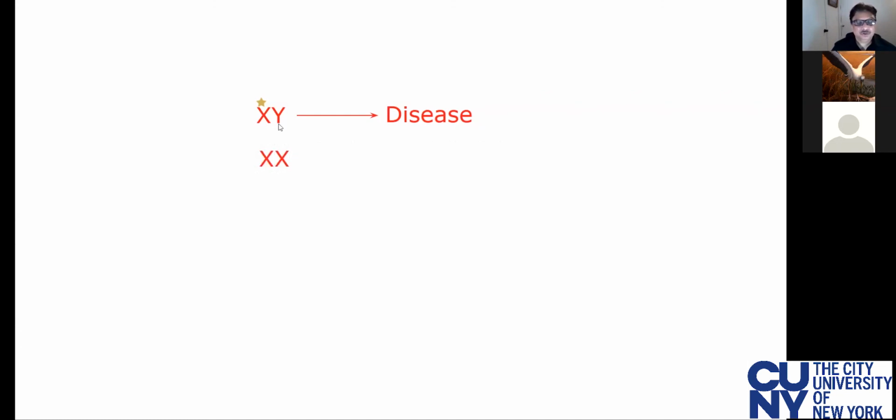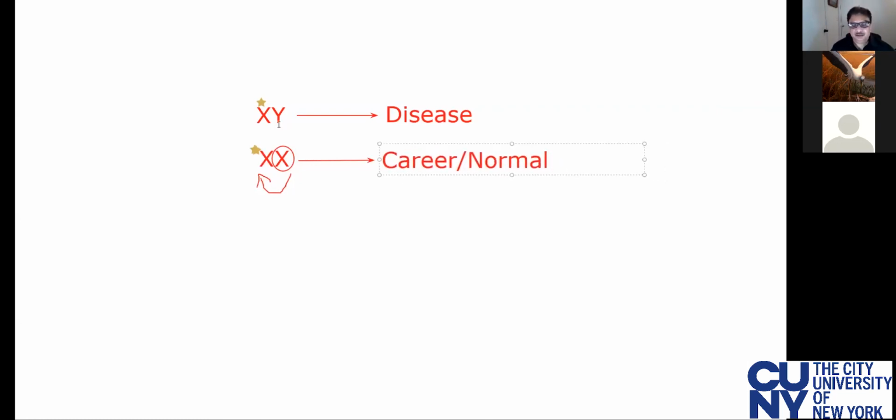So if one of the chromosomes has a problem, then no big problem, because the good healthy chromosome will take care of the problematic X. So this female will be a carrier of the disease, but she will be normal.